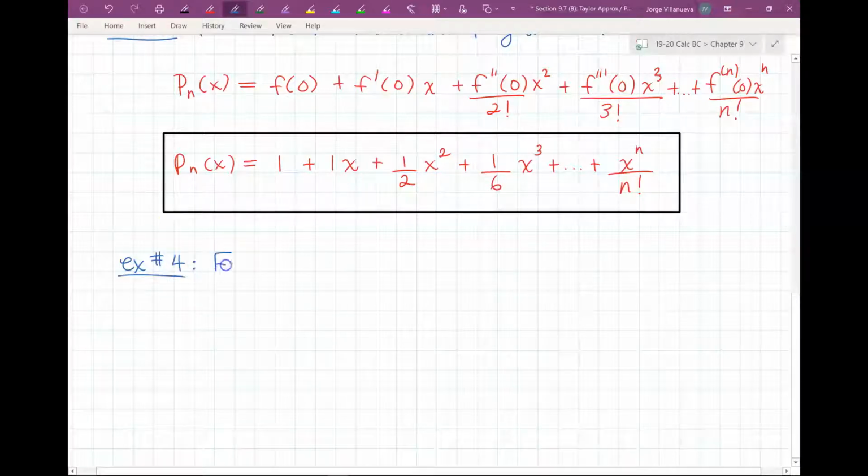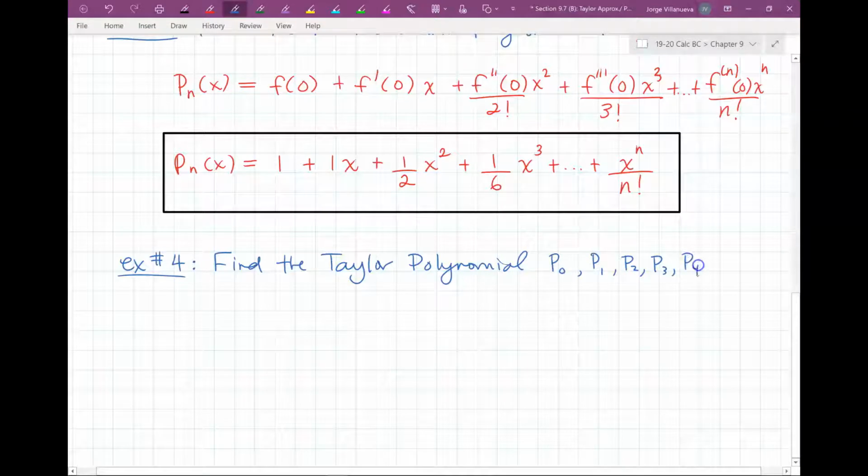We're going to find the Taylor polynomial p sub 0, p sub 1, p sub 2, p sub 3, and p sub 4 for f of x equal to ln of x centered at 1.